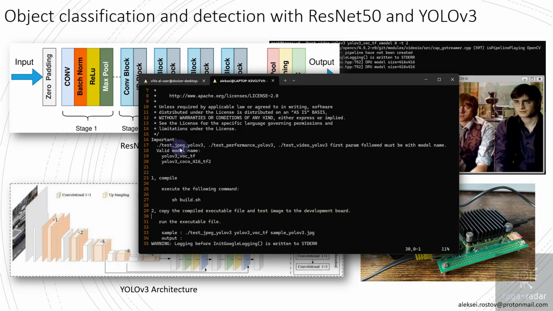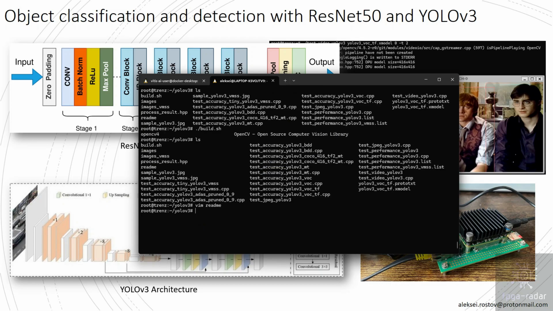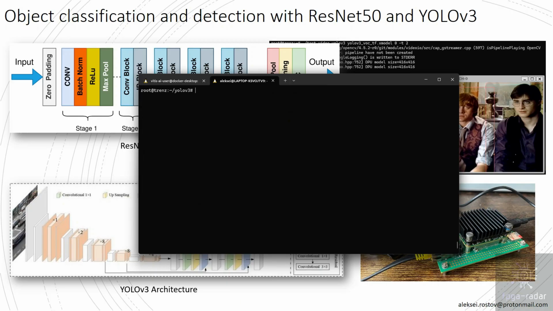It means that we have test JPEG YOLOv3, test performance, and test video. The first parameter must be the model name. Okay, let's check how it works. Let's run JPEG first.